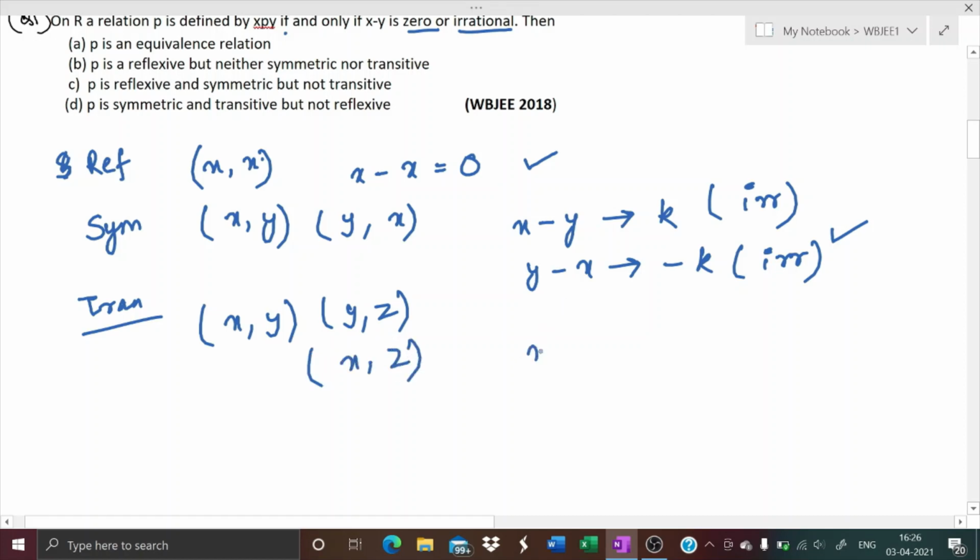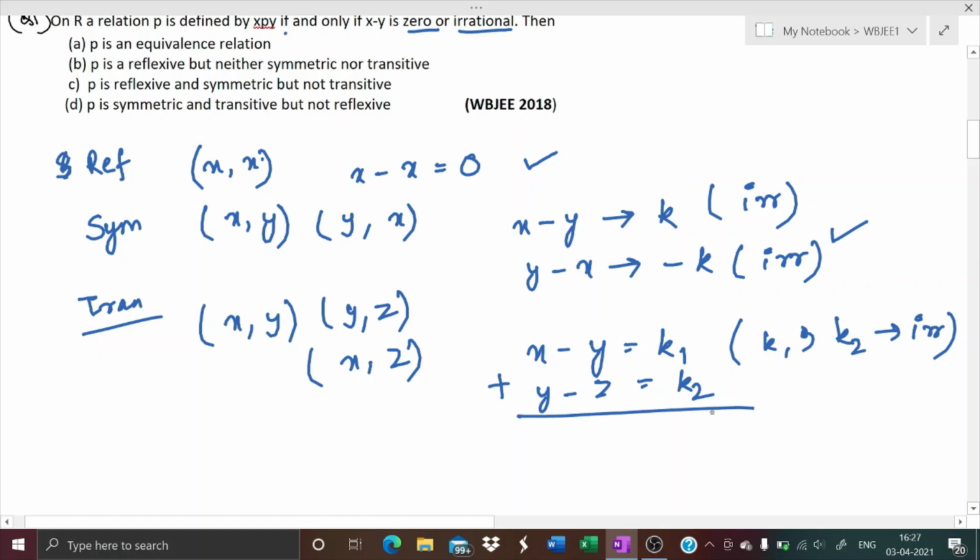Now suppose x minus y equals k1, some irrational number, and y minus z equals k2, some other irrational number, where k1 and k2 are irrational numbers. Then if I add these two equations, y will be cancelled and x minus z equals k1 plus k2, which may be rational.